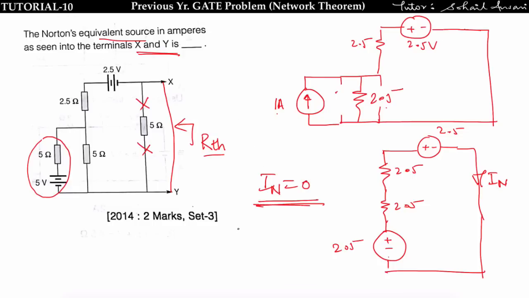So we can make the Norton circuit like IN is equal to 0 ampere in parallel with RTH is equal to 2.5, and this is my XY terminal.